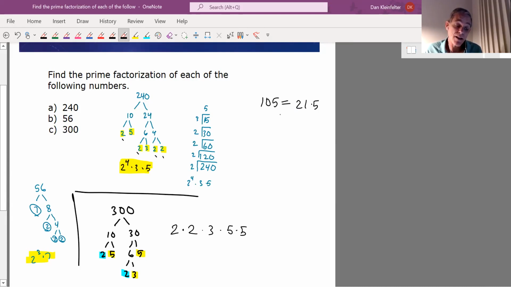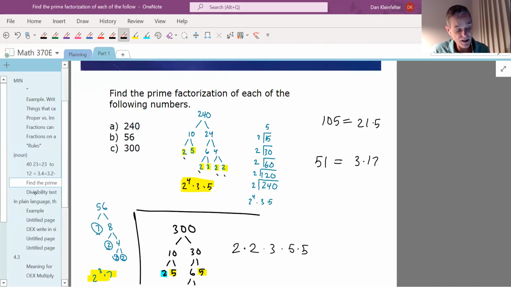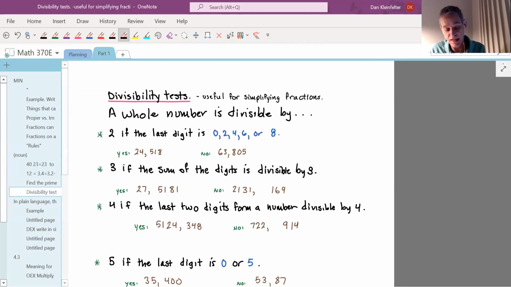And so there are tests or checks that you can do to determine whether one number is divisible by another. For example, 51, people always think 51 is prime just because it kind of looks prime, but it's actually 3 times 17. Okay, and 51 is divisible by 3. So how do you know that kind of stuff? That's divisibility tests, which we're looking at next.